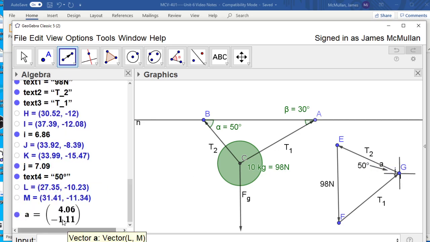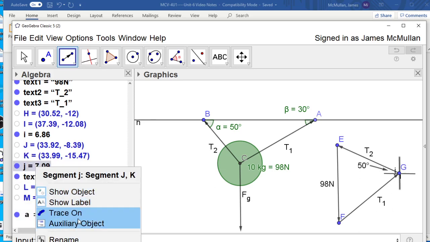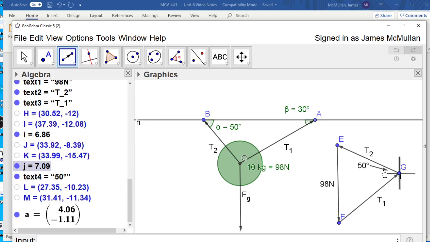So the little angle in here would be 50, right? I know this because T2 makes an angle of 50 with the ceiling, so that 50 would Z pattern its way right to there.